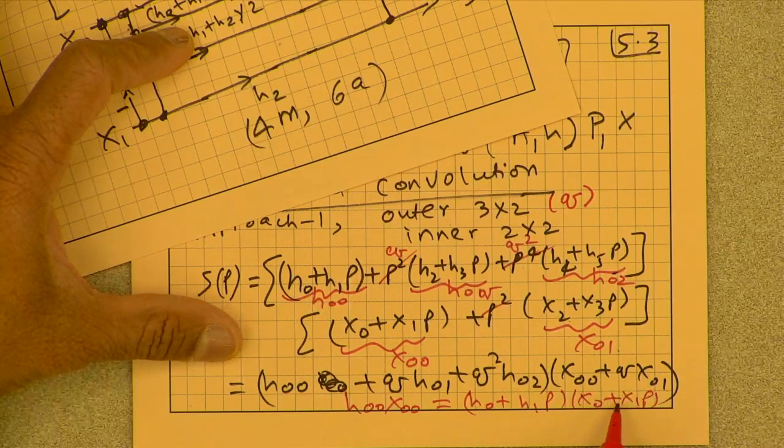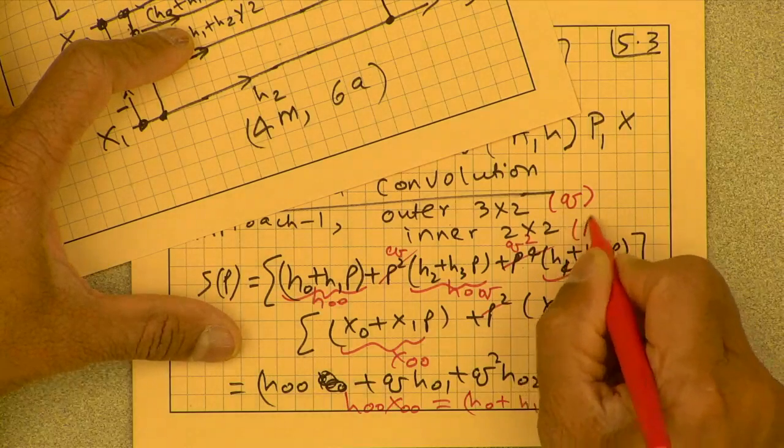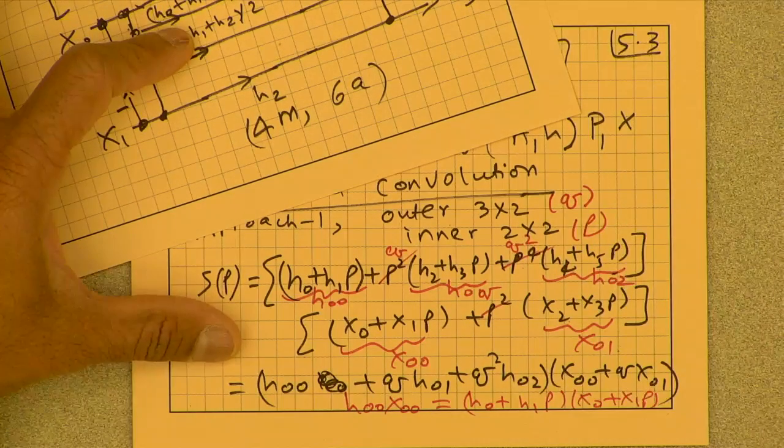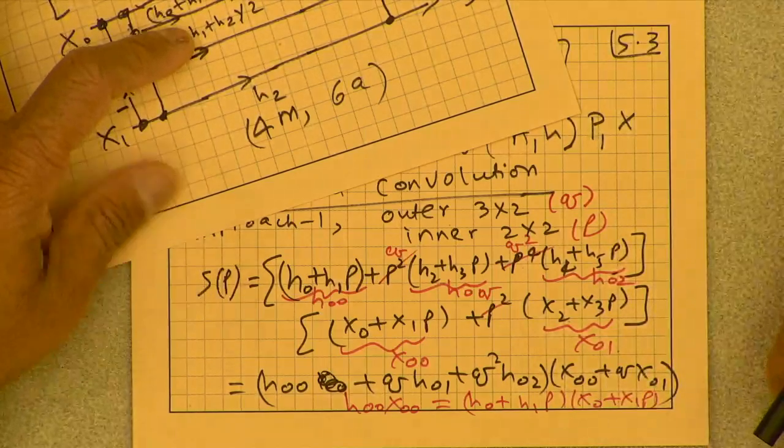That's a 2 by 2 convolution in polynomials in P. So the inner 2 by 2 convolution is with respect to the polynomials in P.